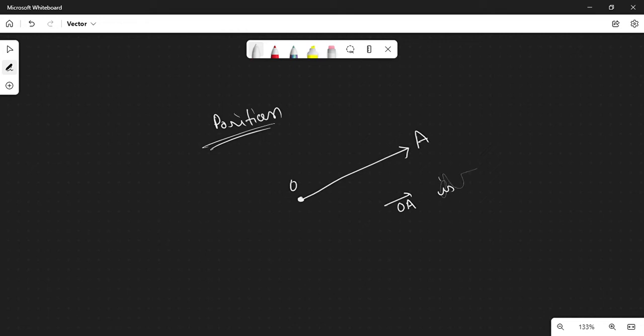The distance of this vector from O to A is determined by the R vector. So that is the position vector.